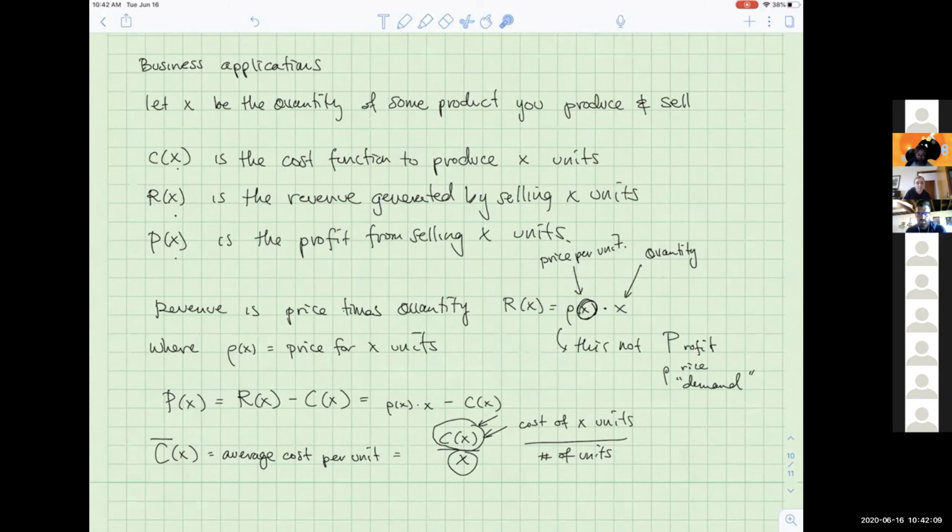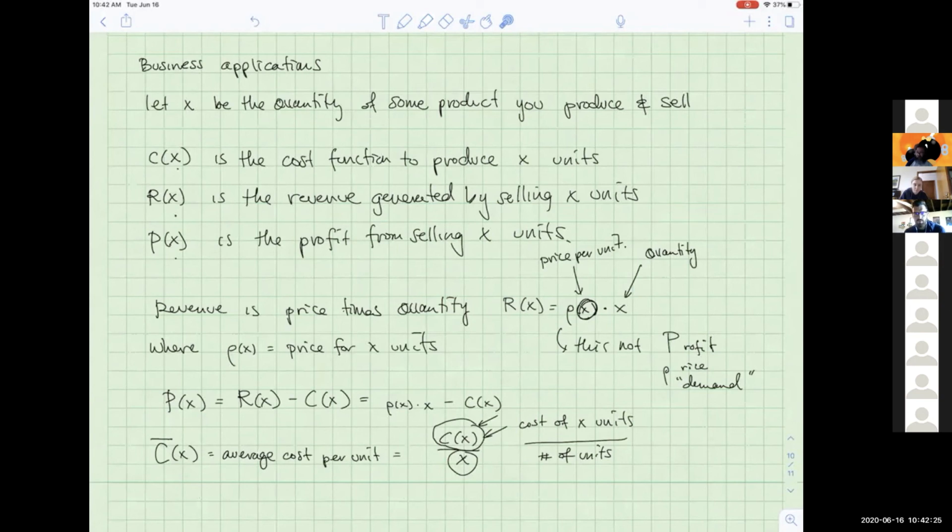And then the average cost, denoted C bar, is the average cost per unit. So you take the total cost for producing a certain number of units, and then you divide by the number of units you produced, and this gives you the cost per unit.